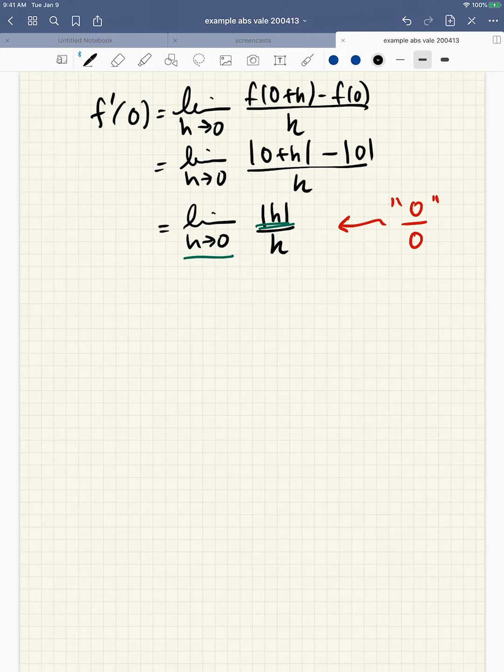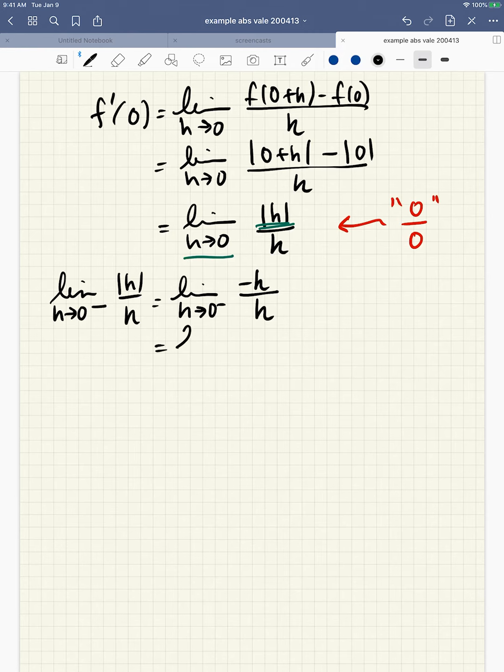Okay, so let's calculate the limit as h goes to 0 from below of absolute value of h over h. So that's when h is negative, and the absolute value of a negative number is its opposite. So we get that, and you see the h's cancel, and we get the limit from below of -1, and a one-sided limit of a constant is just that constant.